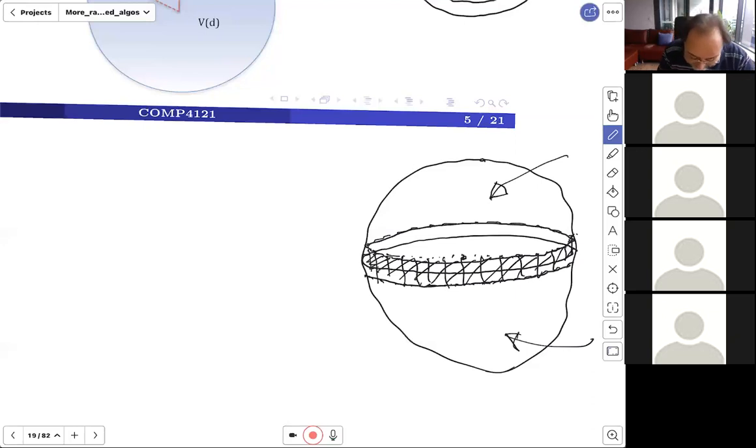Most of the mass is, so now how paradoxical is this? First we heard that most of the mass is in a thin shell near the surface of the ball.